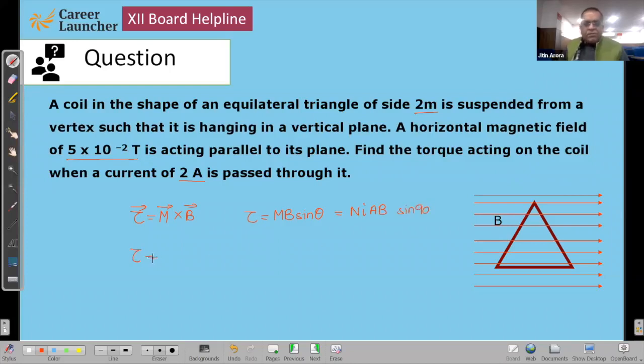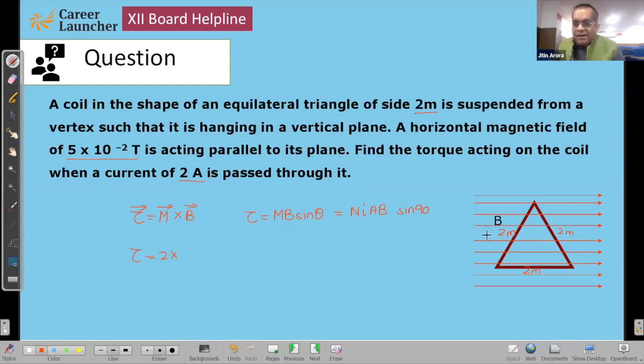So torque is equal to NIAB. अब कॉइल का नंबर ऑफ टर्न्स 1 है, I हमें पता है कितना है 2 amperes into area. Area of an equilateral triangle, क्या आप सबको याद है? नहीं याद है तो मुझे बता दो. ये साइड है 2 meters, ये साइड है 2 meters, ये साइड है 2 meters.